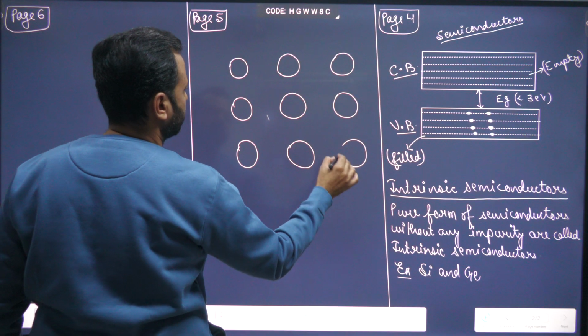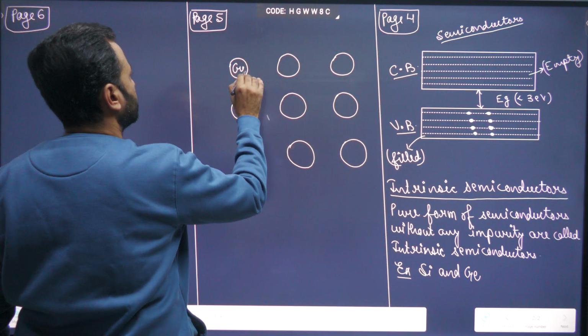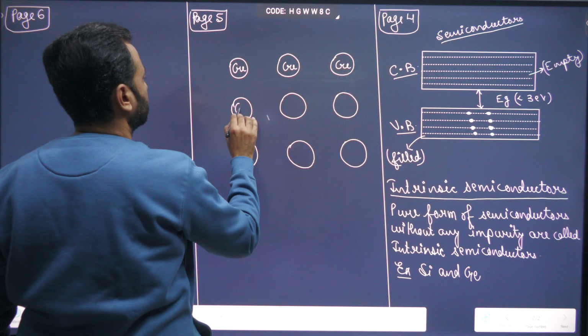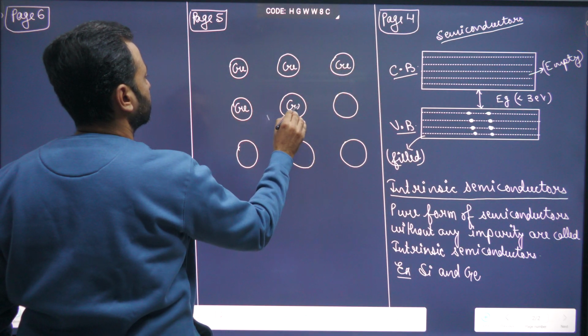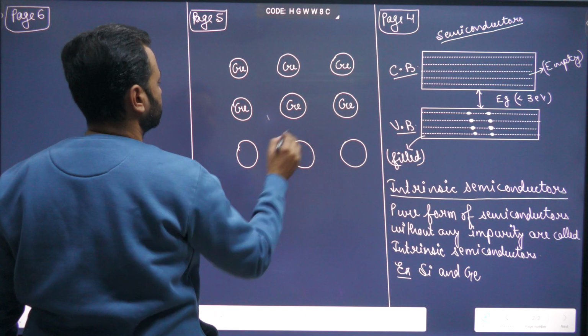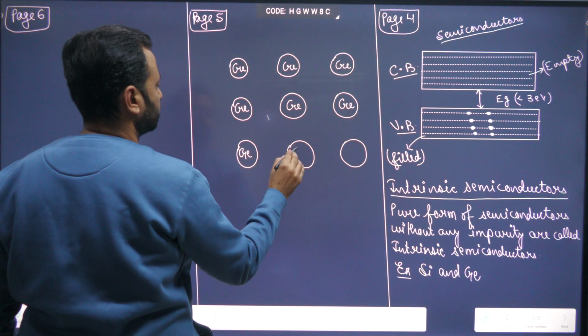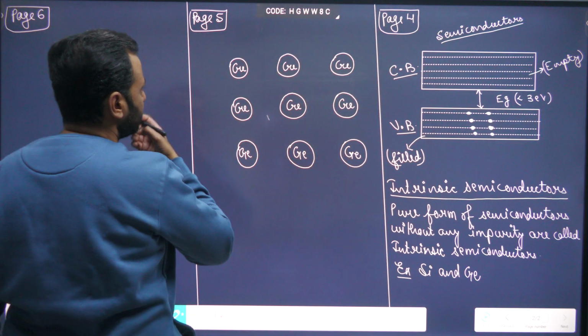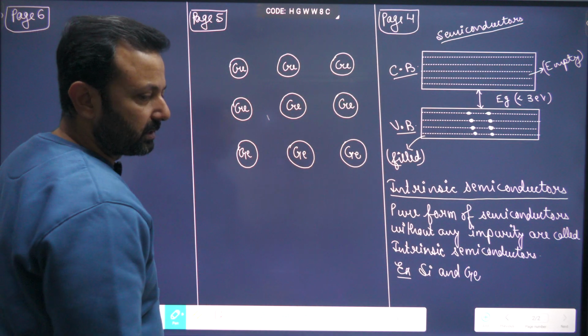These are germanium atoms. Germanium is also tetravalent.